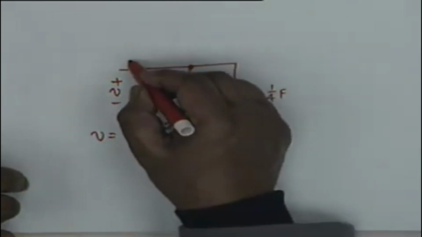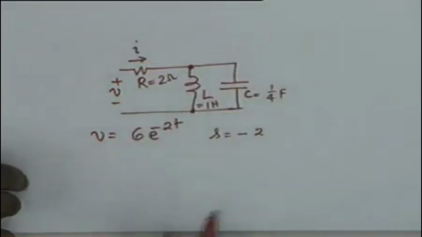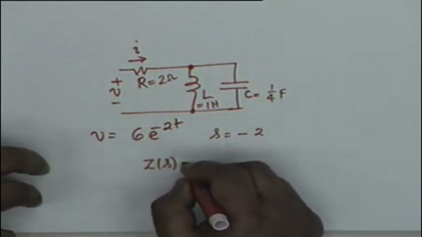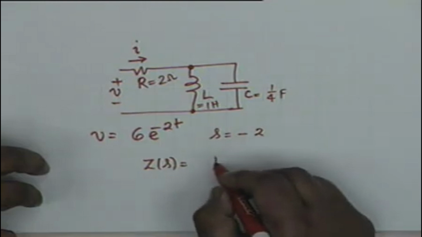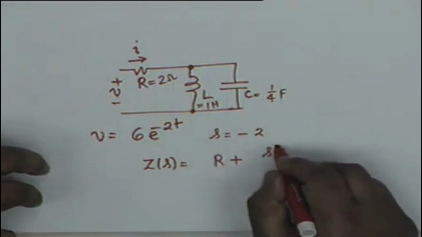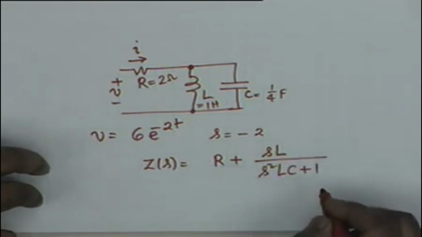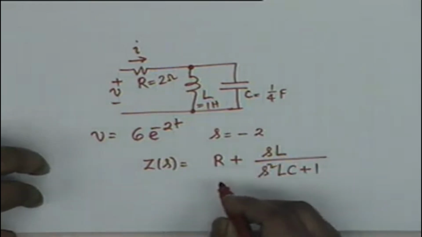If I wish to find this current, let's say I, then I first find out Z of s. Z of s, as you have seen already, is R plus sL divided by s squared LC plus 1. Now substitute the values.